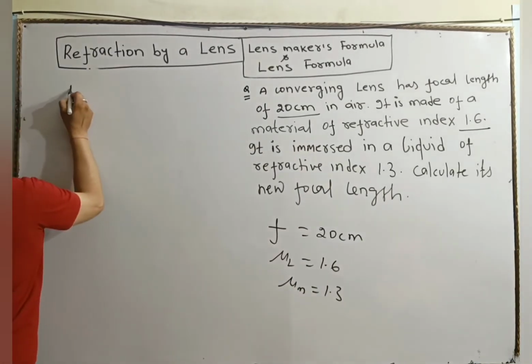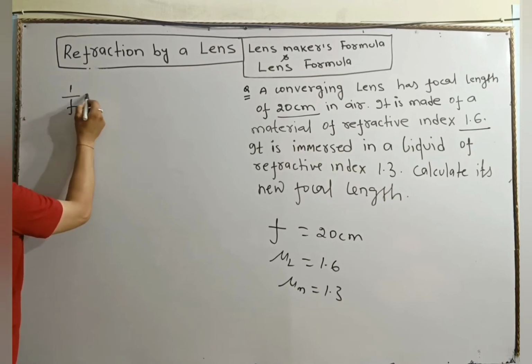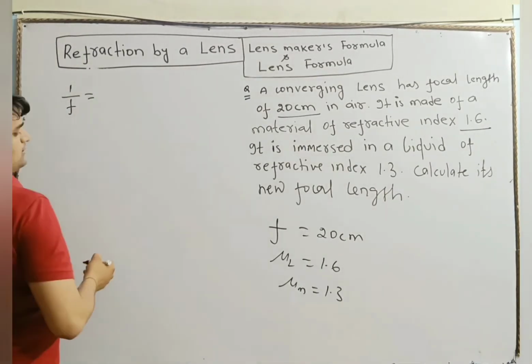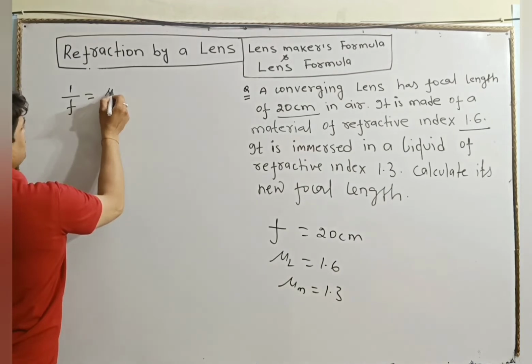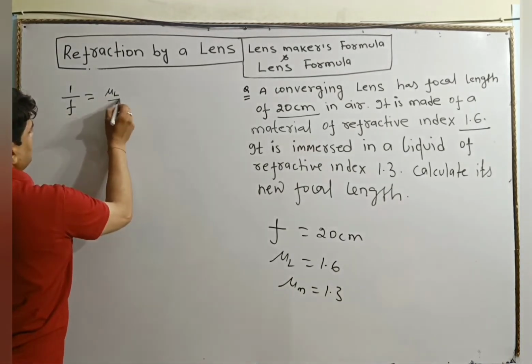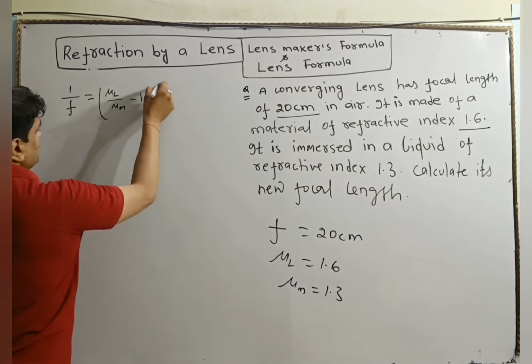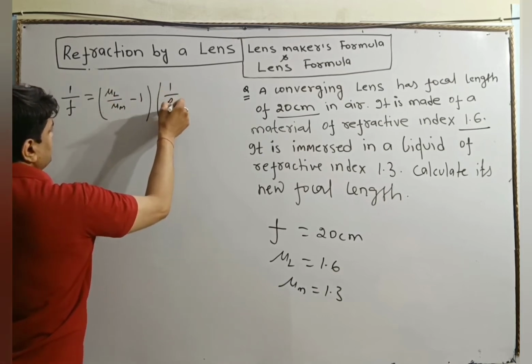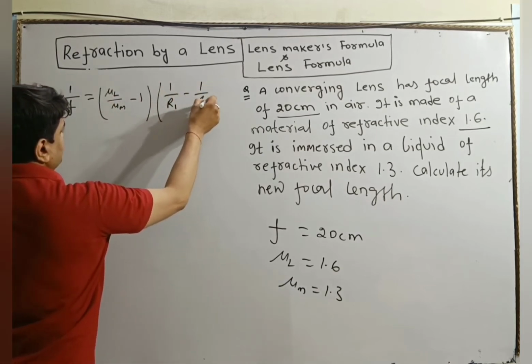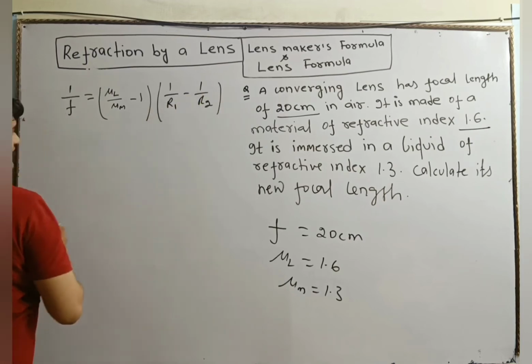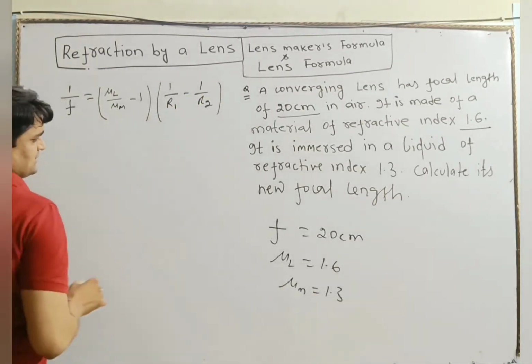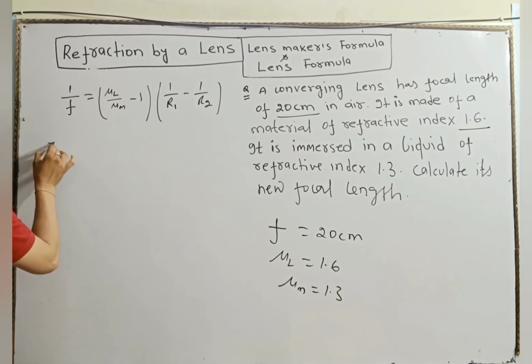Let it is initially f when there is air. So mu l upon mu m minus 1 equal to 1 upon r1 minus 1 upon r2. When there is air, its focal length is 20 centimeter.